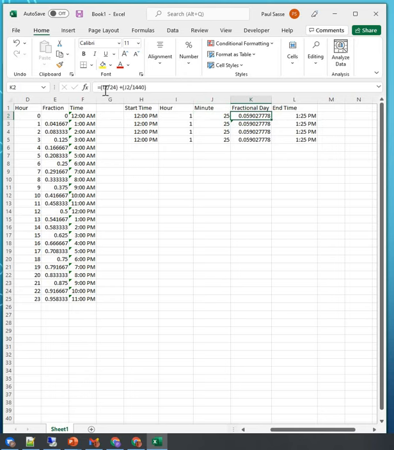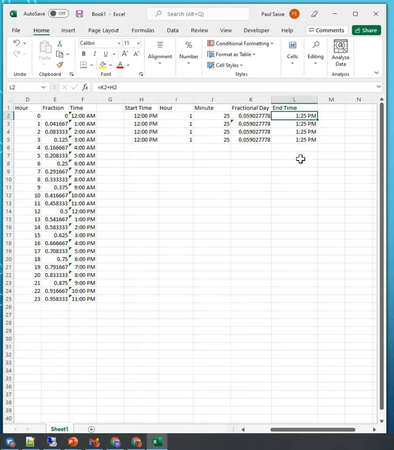The way you can do that is you take I2, which is 1, divided by 24, add that to J2 divided by 1440, and you get an hour and 25 minutes is that much fraction of a day, 0.059027778.